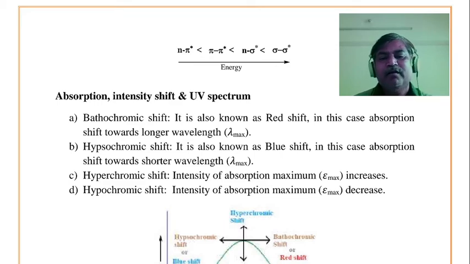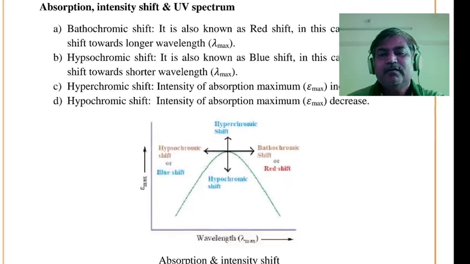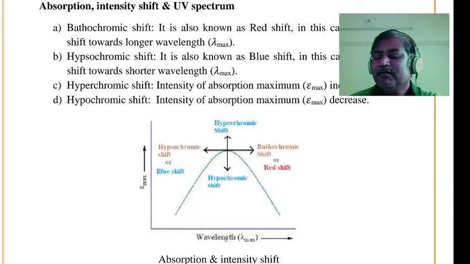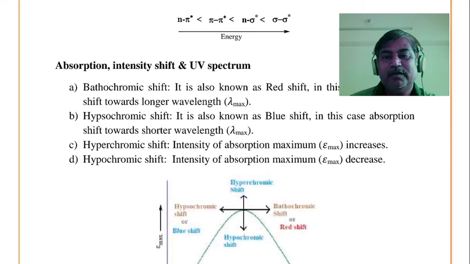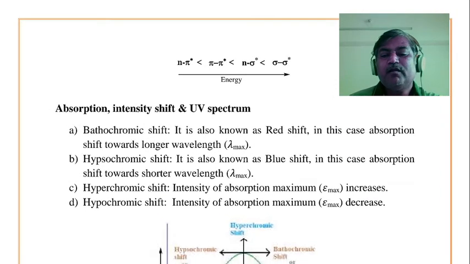During UV spectroscopy, we study two things: how much energy is absorbed, and the absorbed energy and its wavelength. Higher the absorbance, lower is the wavelength. So during this absorbance, what happens?